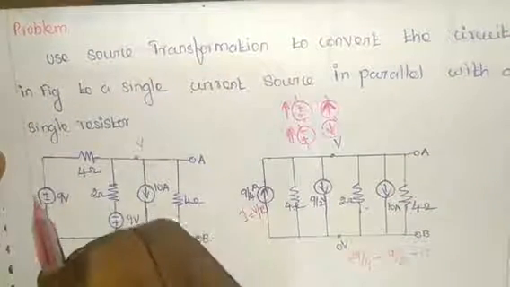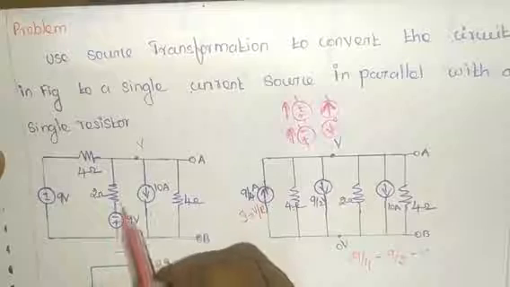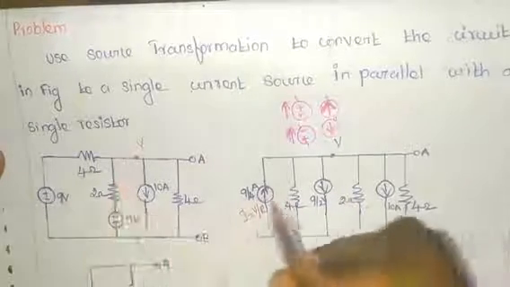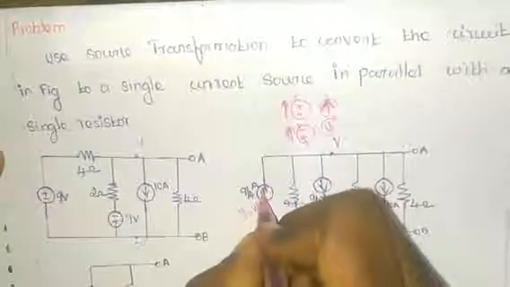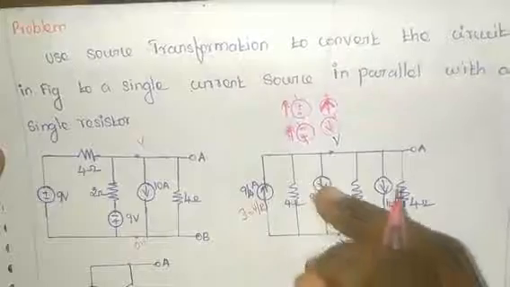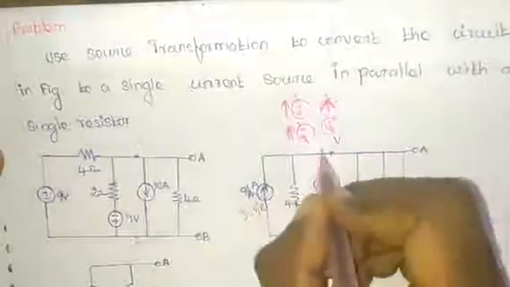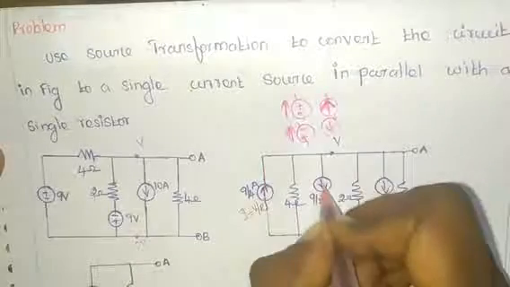Here in this voltage source it is a voltage rise, and in this voltage source it is a voltage drop. So we transform this voltage source into a current source with upward direction, and this one into a current source with downward direction. The direction of the current source indicates whether the current is entering the node or leaving the node.